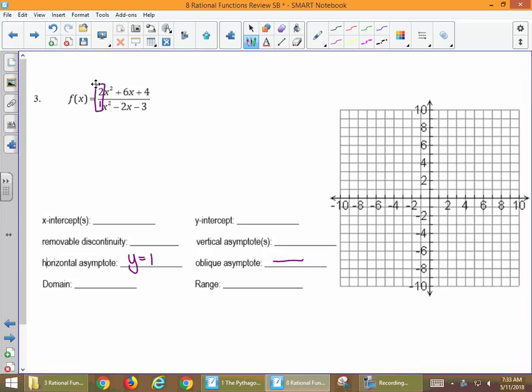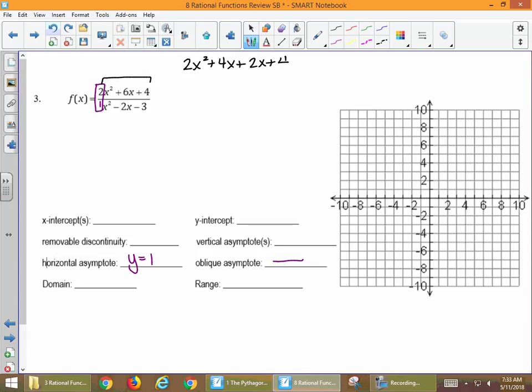All right, now I'm going to factor. So in my numerator, 2 times 4 is 8. Two numbers that multiply to 8 and add to 6 are 4 and 2. I always factor by split the middle because it's the same.